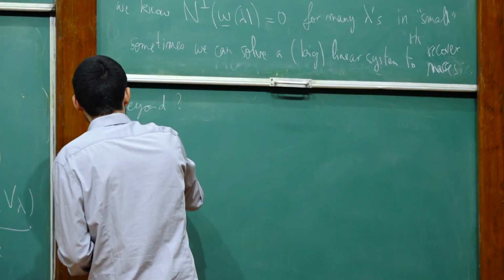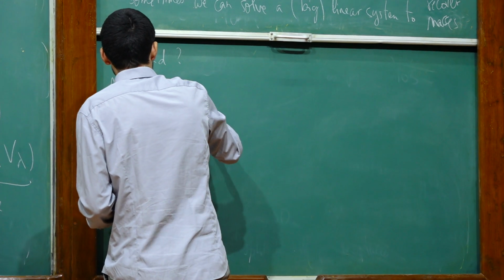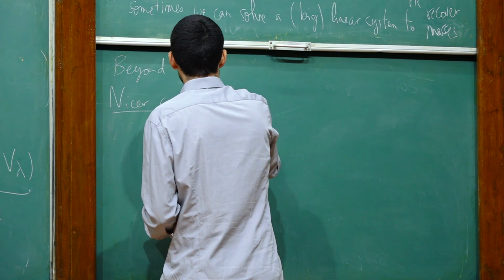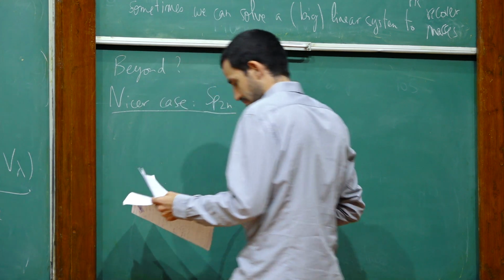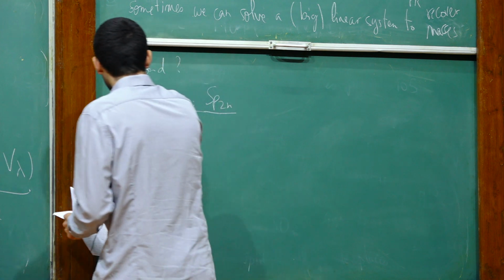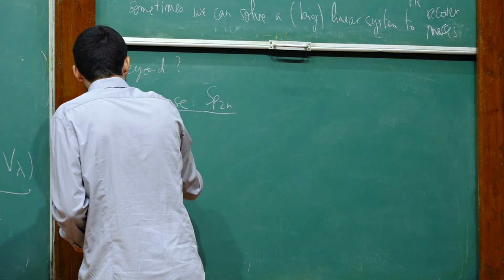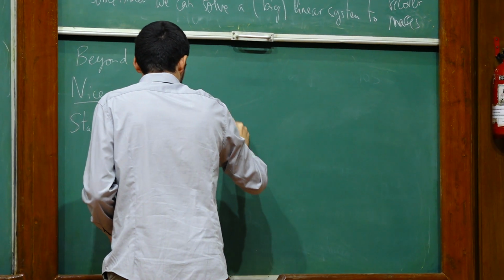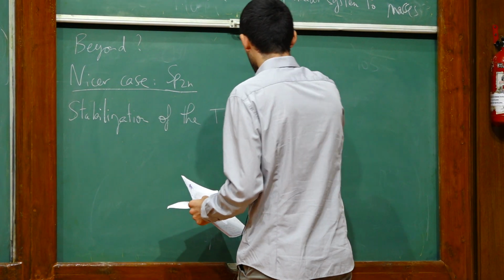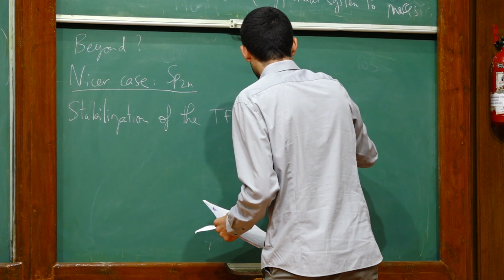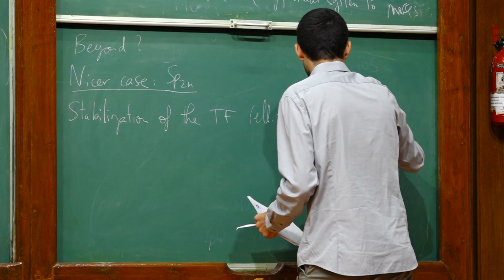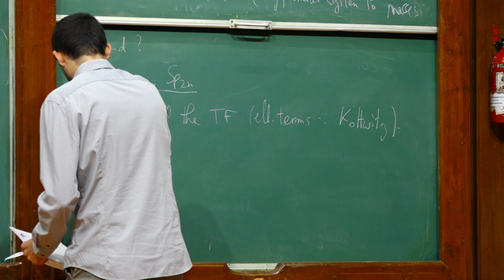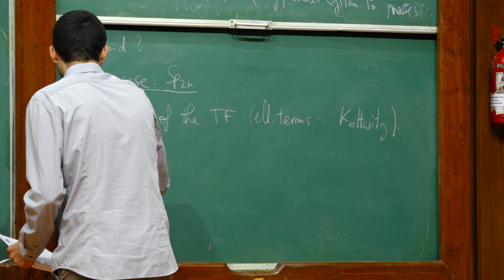So to go beyond, so what's new today, I guess, let me explain the nicer case of symplectic groups. So we can use the stabilization of the trace formula, or well, just the elliptic terms. That's due to Kottwitz. So we have nice simplification.